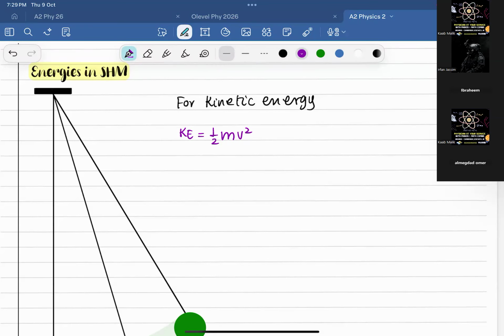But the problem is that the oscillation is basically dependent mainly upon the position, right? We relate the oscillation mainly with the position.